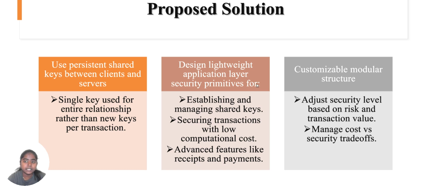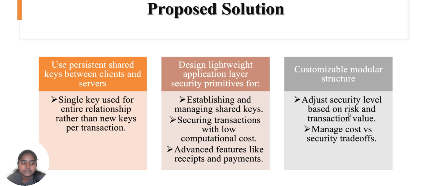It is also helpful for providing a customizable modular structure, which provides the right security for the transactions. The low level transactions will have lower risk, and the customizable modular structure helps in providing security based on the transaction value.